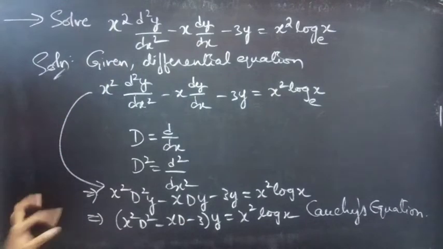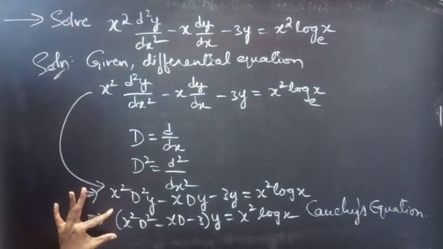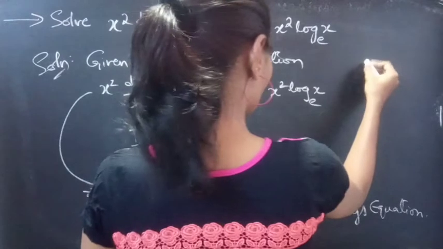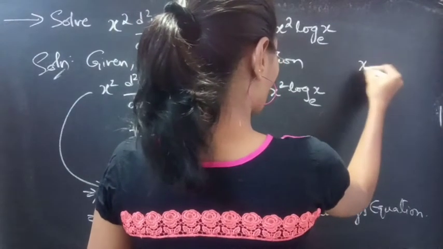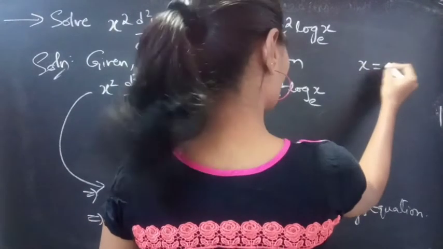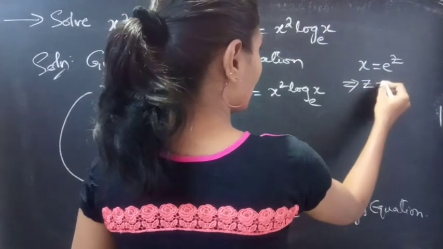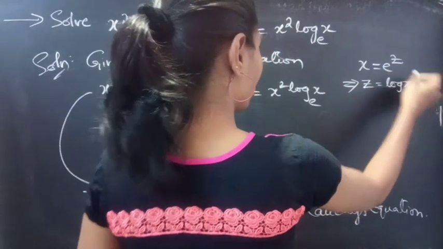Okay. Now we'll reduce this equation to linear equation with constant coefficients simply by making a substitution. x equals to e power z and z equals to log x.